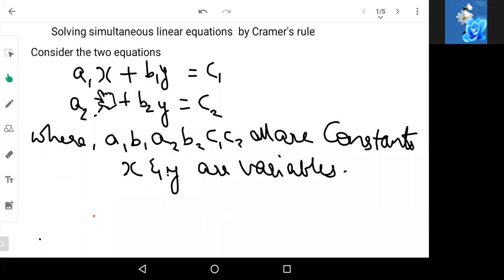In both the equations, x and y are present, and x and y will be the variables. This is the simultaneous equation we are going to solve.